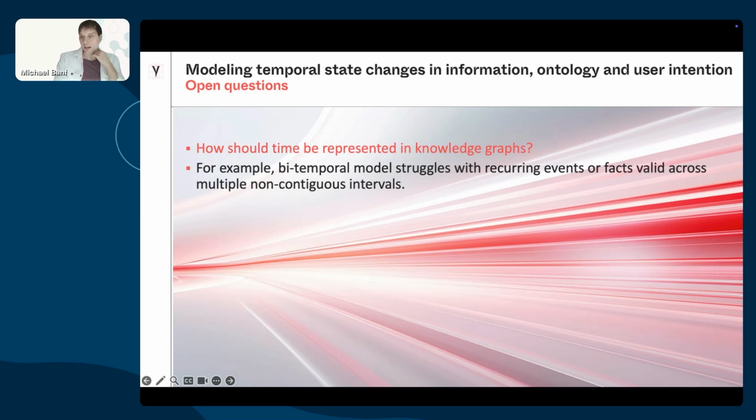The more interesting part is the open question in general: how should time be represented in knowledge graphs, right? Just to give you an example, the bitemporal model struggles if you have recurring events or if you have facts which are valid across multiple but non-contiguous intervals, right? So you run into bottlenecks, into problems with this straightforward bitemporal model, even though it's a cool idea in general.